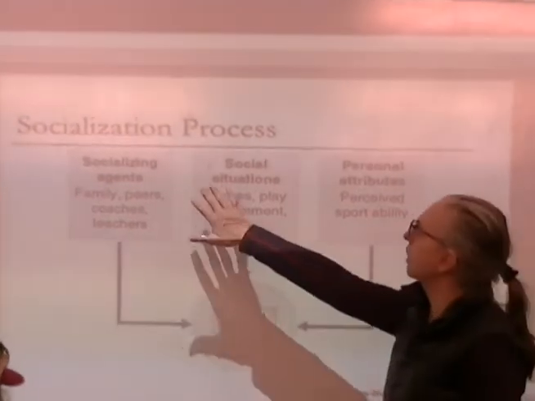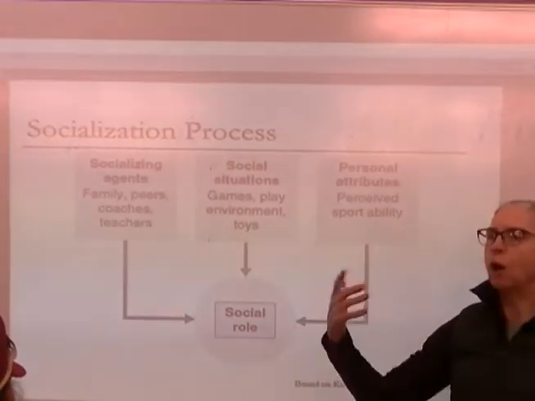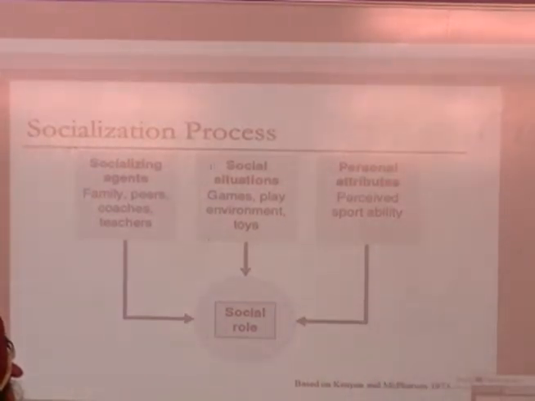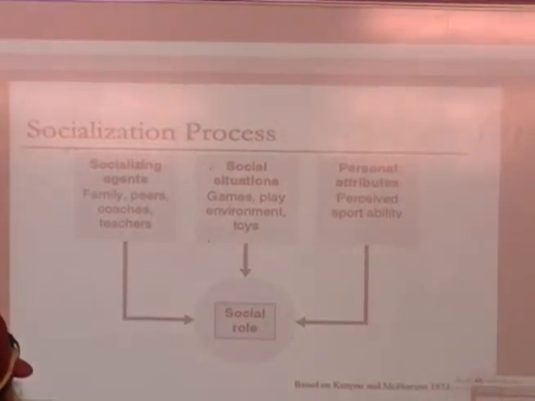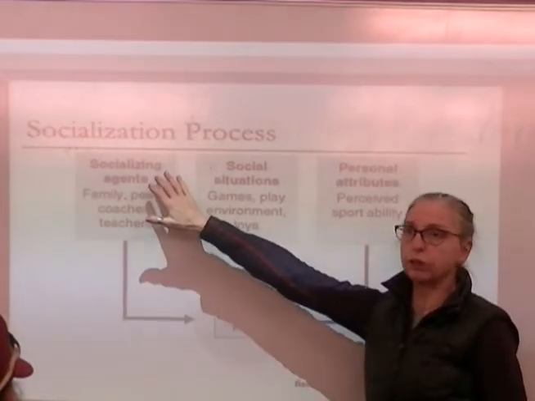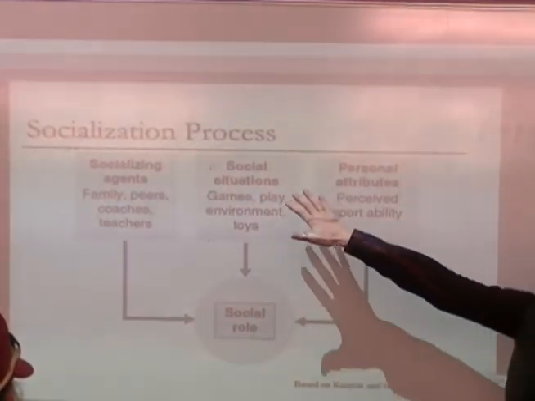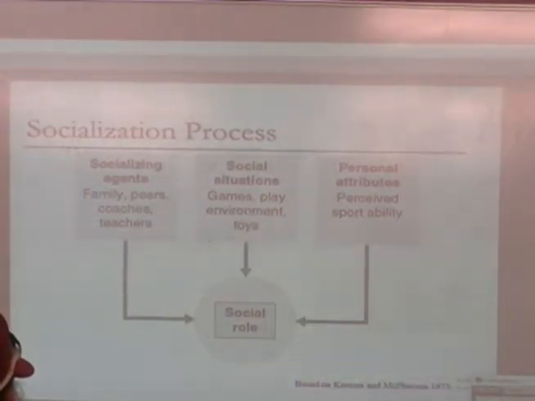So our socializing agents. So these are people who are influential in our lives, right? Our significant others. So our family, our peers, our coaches, our teachers would all be socializing agents for us. And then the second variable is the social situation. So the places where my socialization takes place.